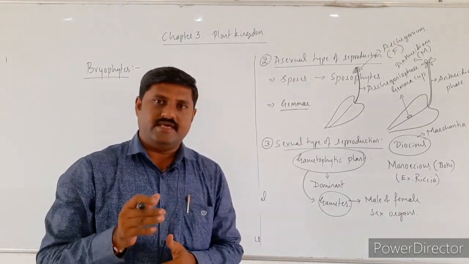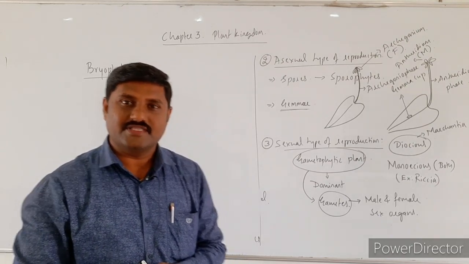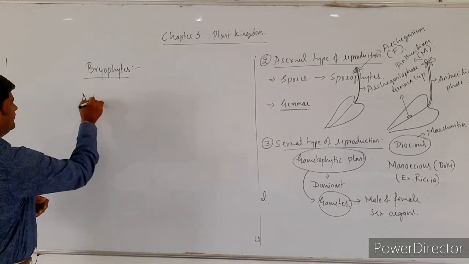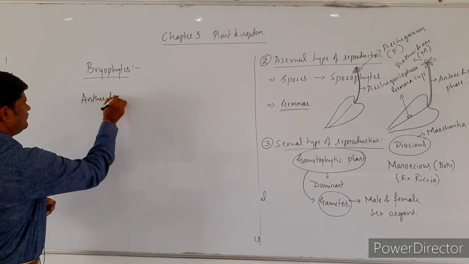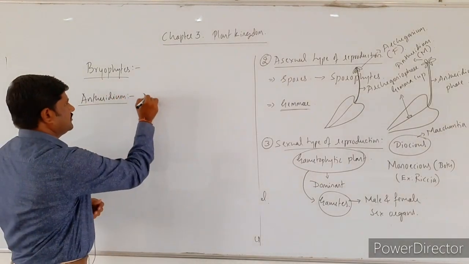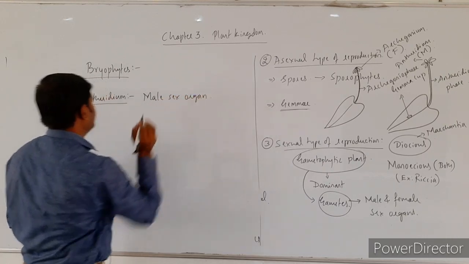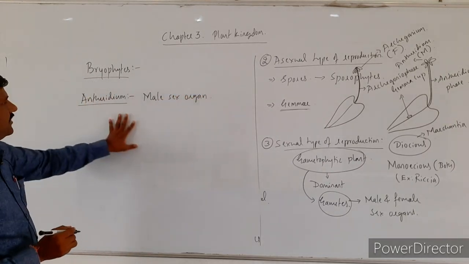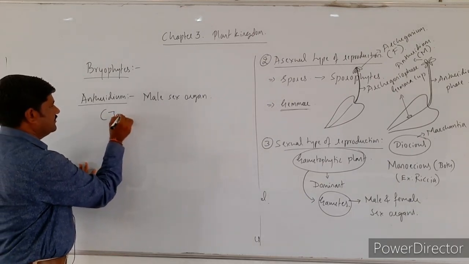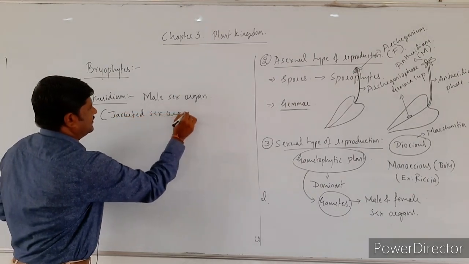Now, antheridium as well as archegonium, these are sex organs. Let us see. Antheridium is called the male sex organ. This antheridium is a jacketed sex organ.